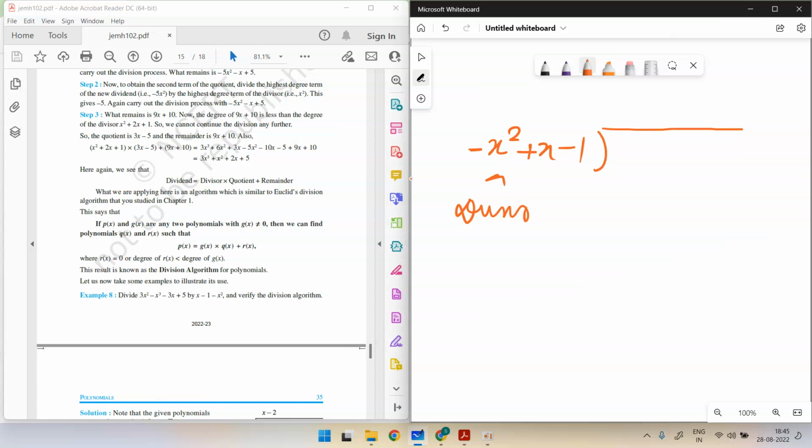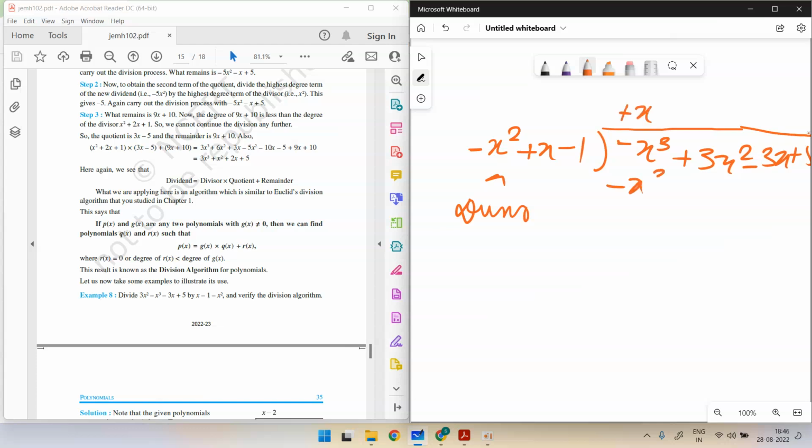Now the dividend, this has also been written in decreasing degree form. This implies minus of x cube plus 3x square minus 3x plus 5. So for minus x cube, you need to multiply by minus of x.